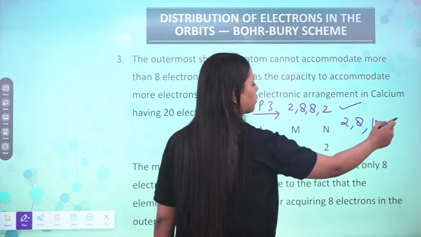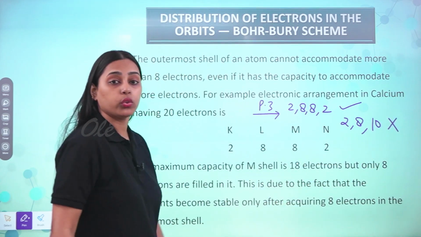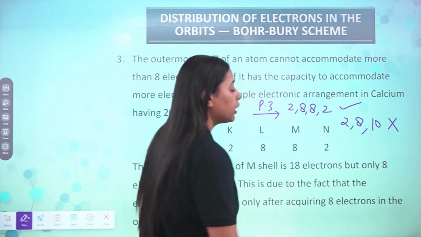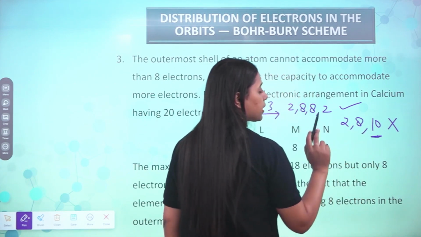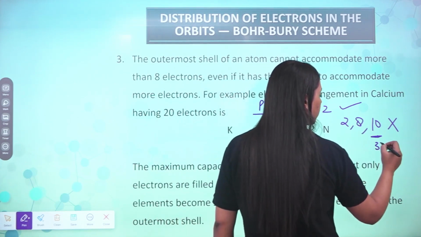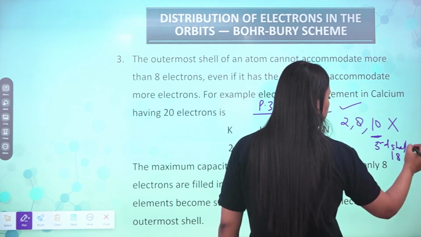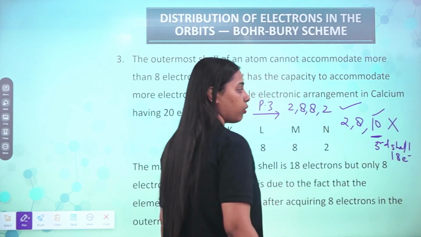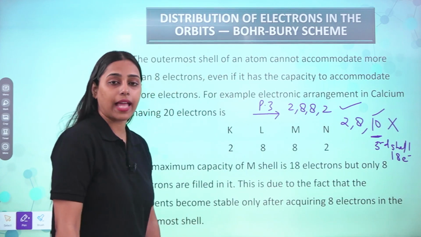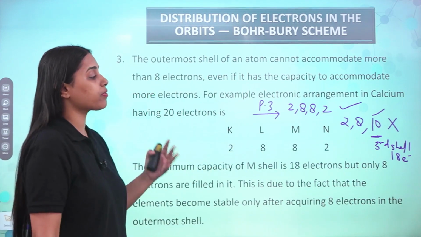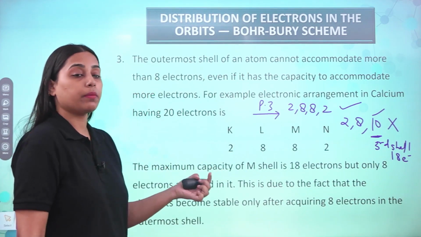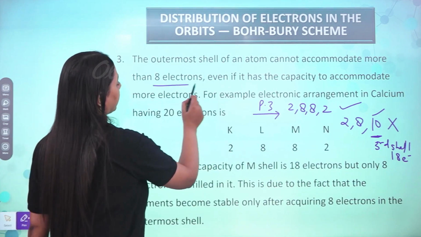This is wrong. Although you have just learned that the third shell can have a maximum of 18 electrons, why does that not follow here? Because atoms are expressed in terms of stability, and that stability is expressed in terms of 8 electrons.